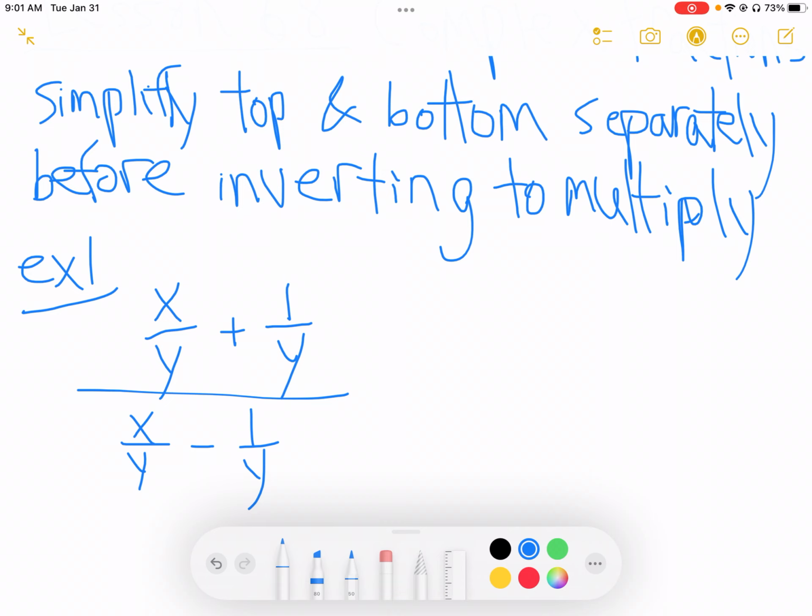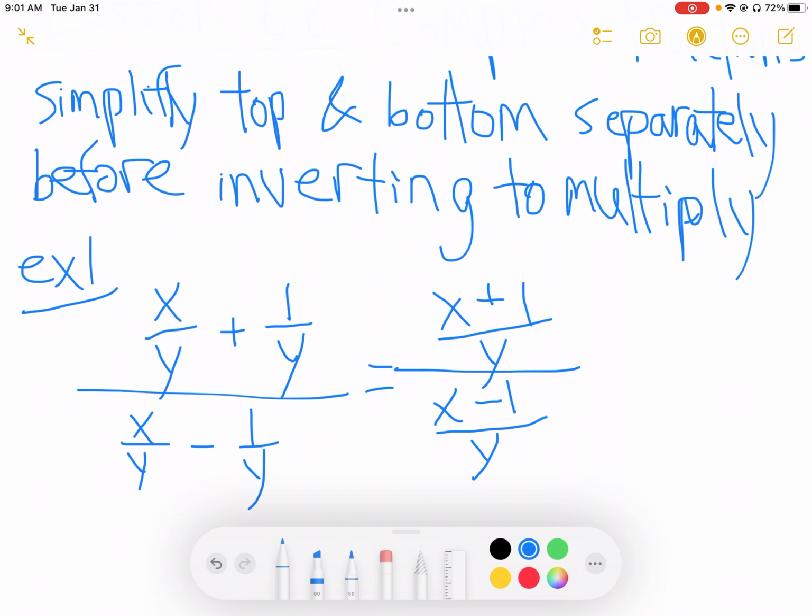Both my denominators on the top are the same, so I can just write x plus 1 over y. The denominator is identical in the bottom as well, they both have y, so I can write this as x minus 1 over y.